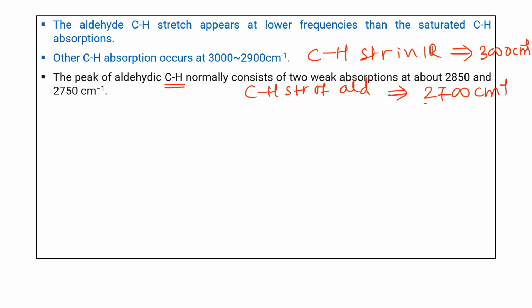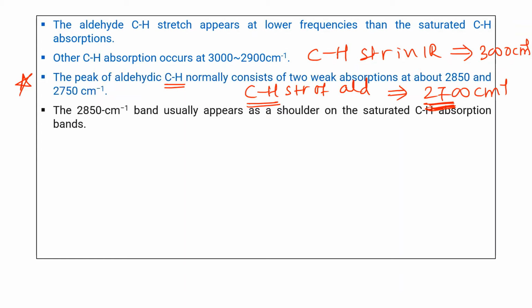Whenever we see these two digits 27, so 2750, 2740, they give us the idea of presence of CH in the form of aldehyde. So the point to be noted is aldehydic CH normally consists of two weak absorptions around 2850 and 2750 centimeter inverse in the IR spectrum.